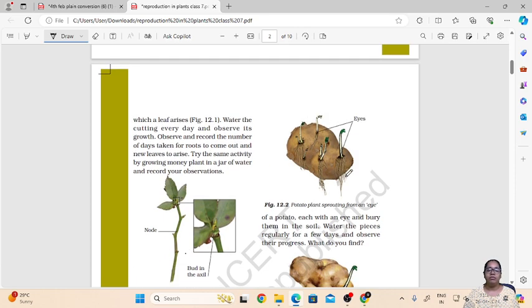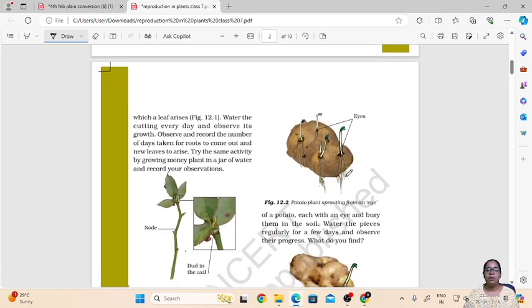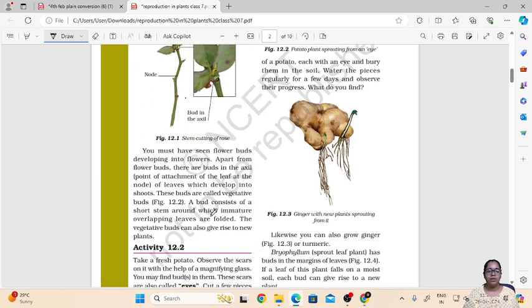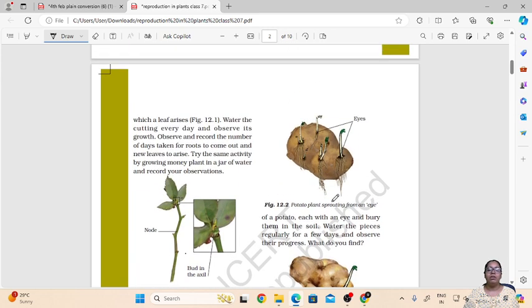Second is bud formation, or by using the buds. So a bud consists of a short stem around which immature overlapping leaves are folded, and this vegetative bud can give rise to a new plant. So an example of bud formation is potato. So we can see that potato develops small buds here.